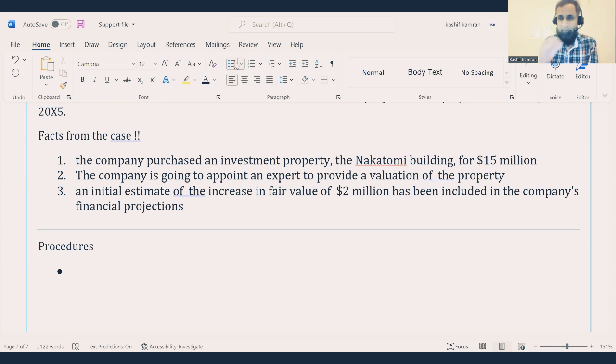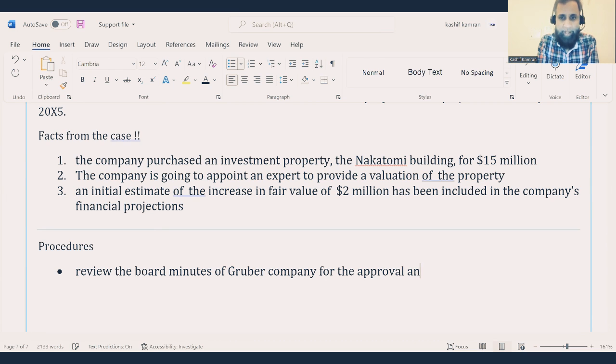The company purchased an investment property, right? So I'll simply say: review the board minutes of Grubber Company for the approval and the rationale behind the purchase of the investment property. Why did the company want to purchase this investment property?